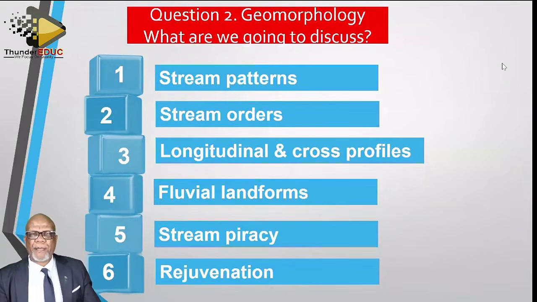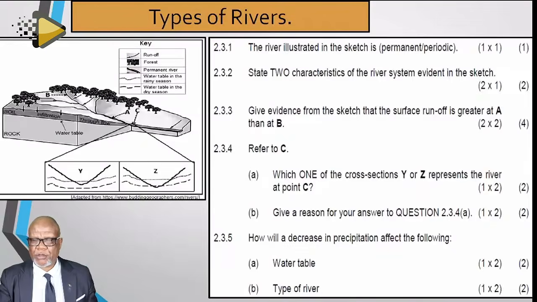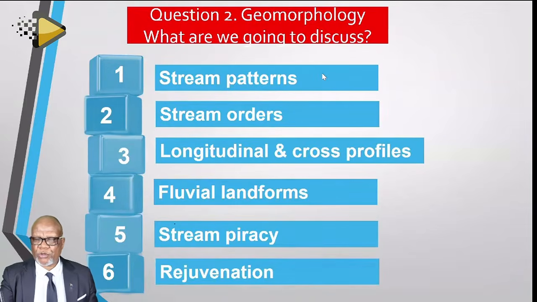Okay. Now let's continue with question 2. We were looking at climate and weather, which is question 1. Now, question 2 is geomorphology. What content are you expecting to be tested on?